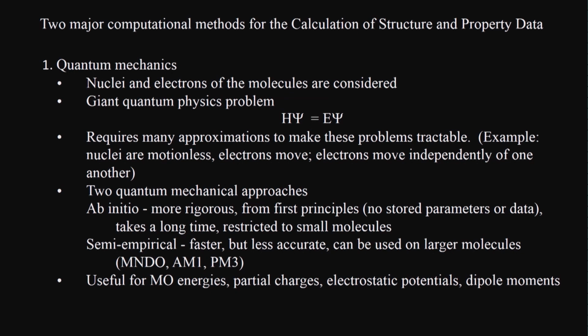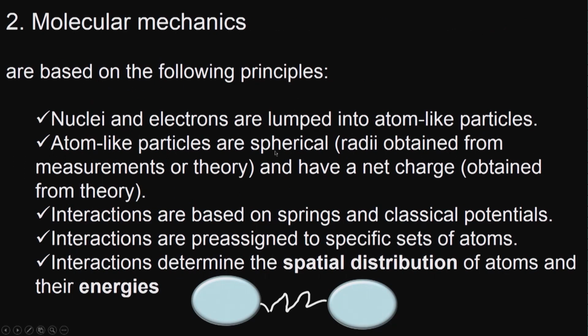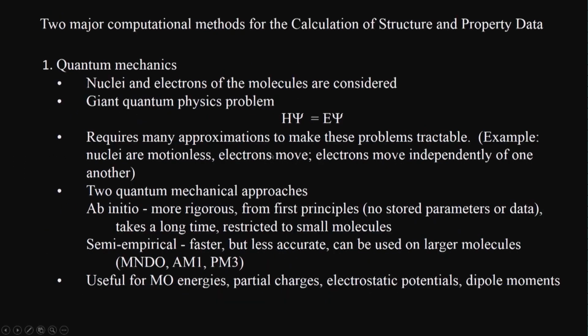So, two major computational methods, as I said: one is called quantum mechanics, the other is called molecular mechanics or force field. So, what is quantum mechanics? The nuclei and electrons of the molecules are considered. It differentiates electrons and nuclei. It is a giant quantum physics problem that requires many approximations, because if I am going to do a molecule which has thousands of atoms, I cannot go very deep into quantum mechanics.